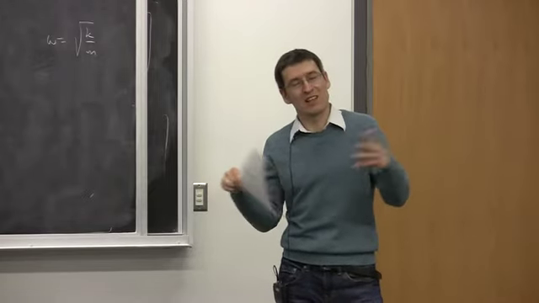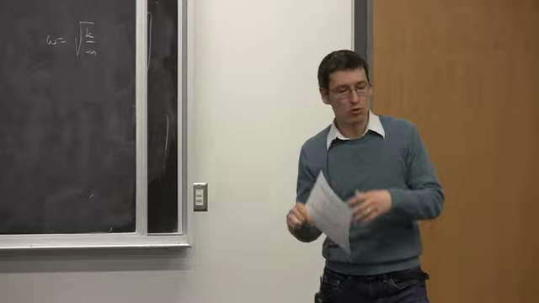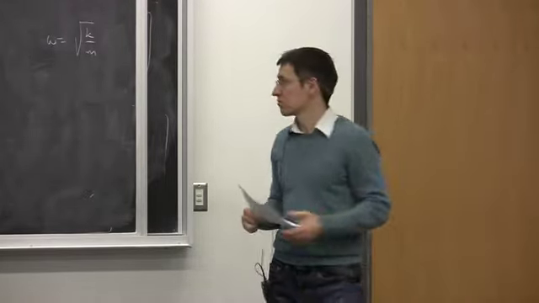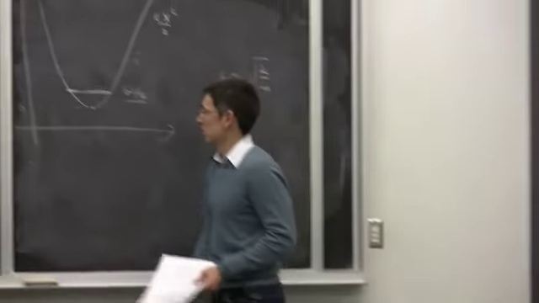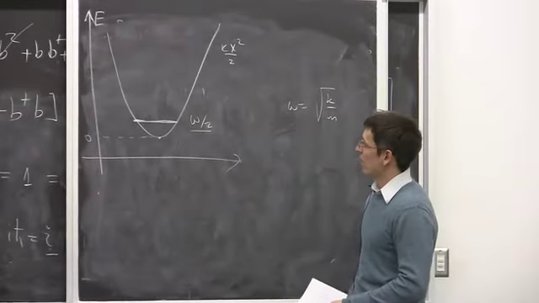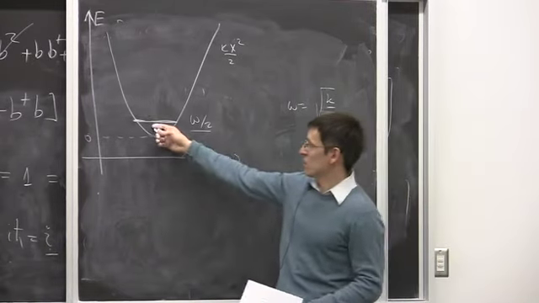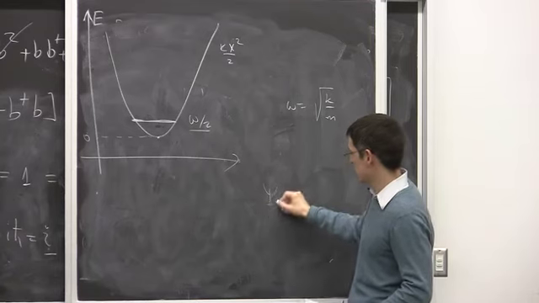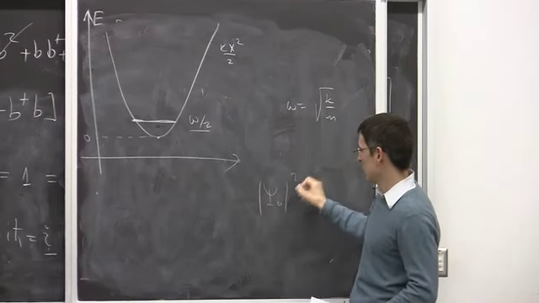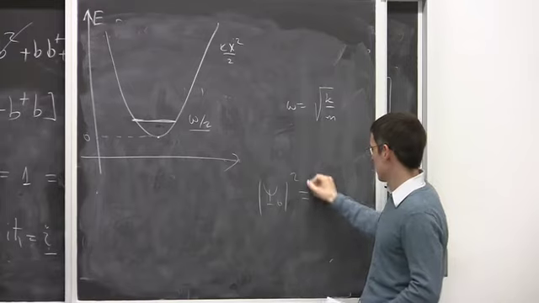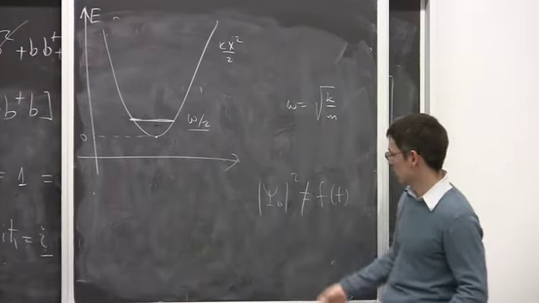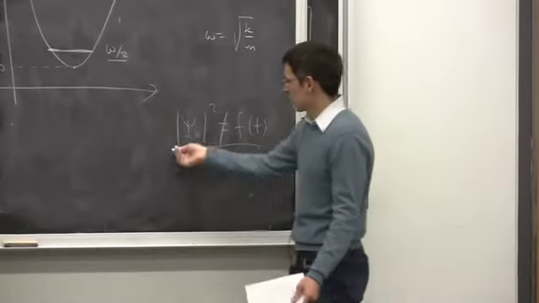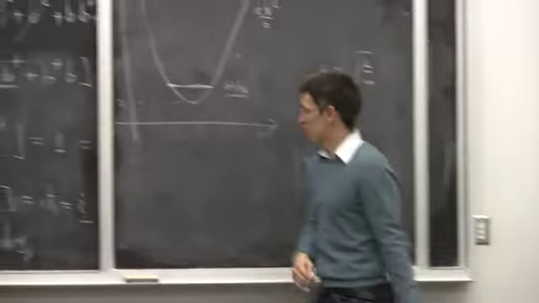Because in classical physics, in order to have some energy, something needs to move, right? But in the quantum world, this is just an eigenstate, and the probability density of the eigenstate is not a time-dependent function. Essentially, it's static. In that sense, nothing moves in the quantum world if you are in an eigenstate.